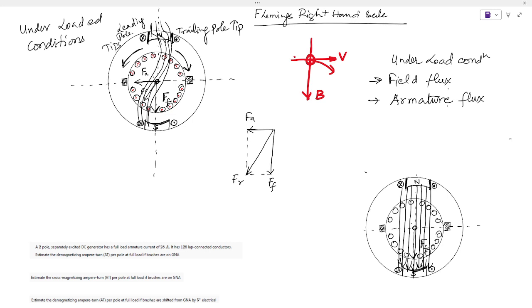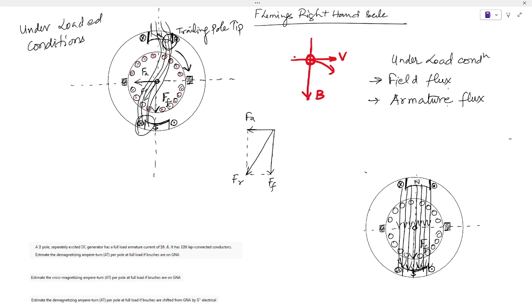So let us consider generator action only. Initially the flux lines were completely straight, moving from north pole to south pole. Now, due to armature reaction, the field is concentrated on this pole tip and the south pole tip, like that.